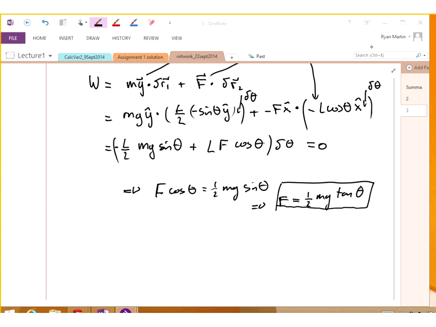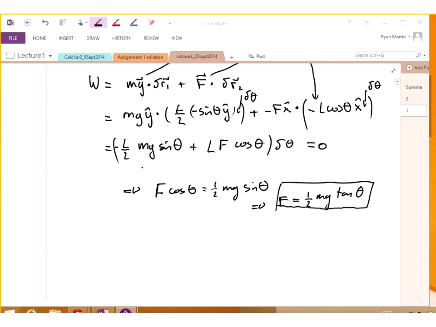All right, well, let's resume. So what we did here is we wrote out the total virtual work, and we got an equation that looks an awful lot like the equation for torque. You have this L over 2 mg sine theta.